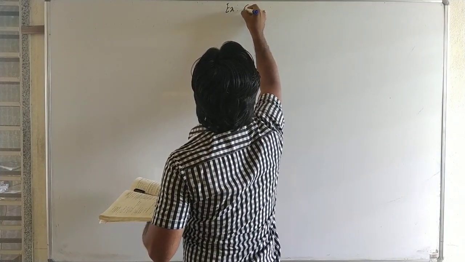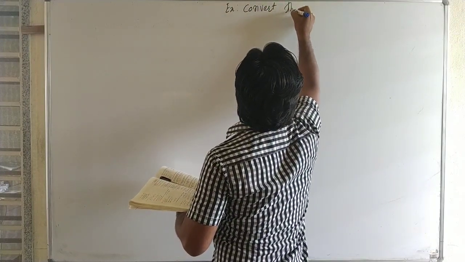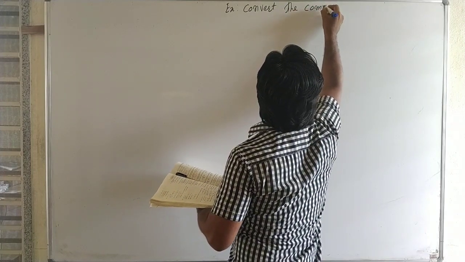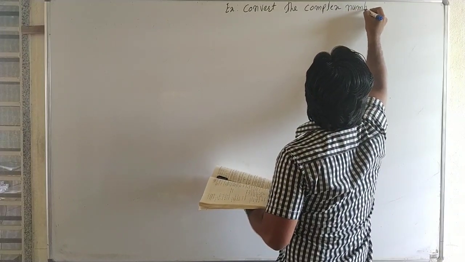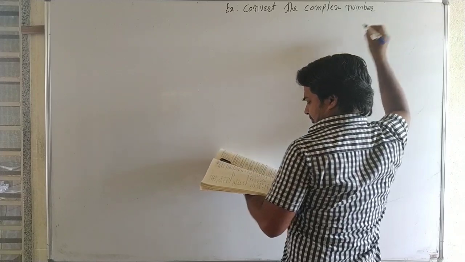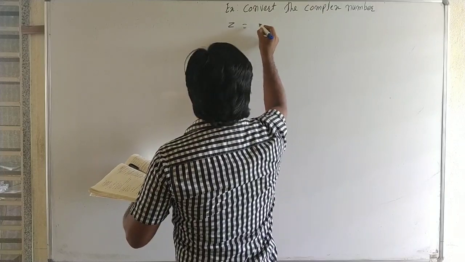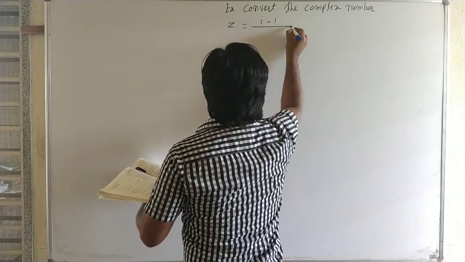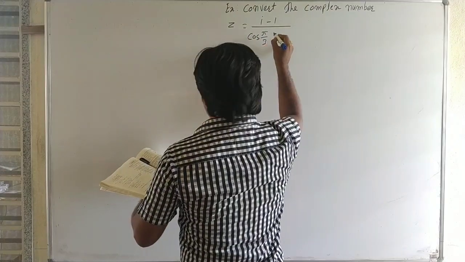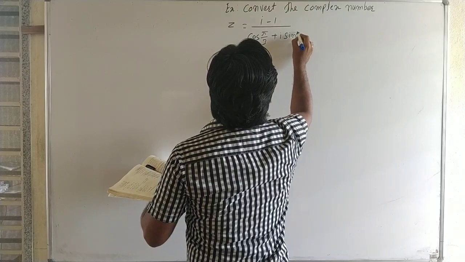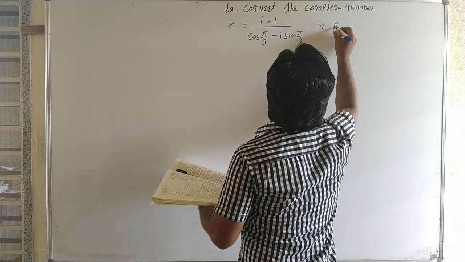Next, convert the complex number z is equal to i minus 1 upon cos pi by 3 plus i sin pi by 3 in polar form.